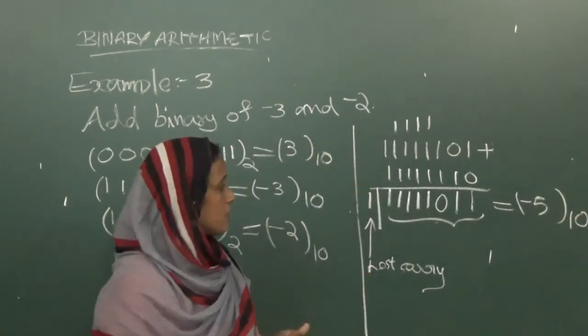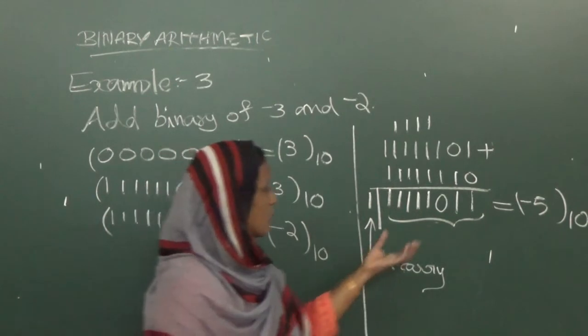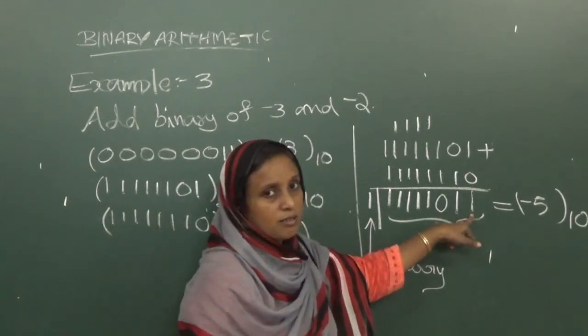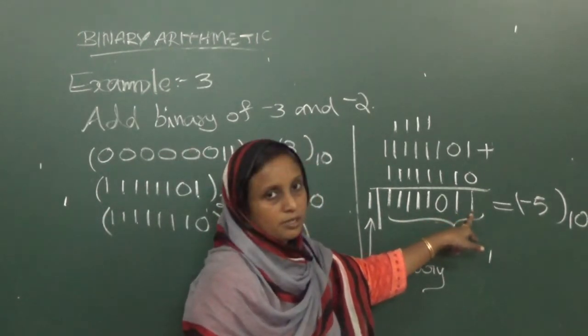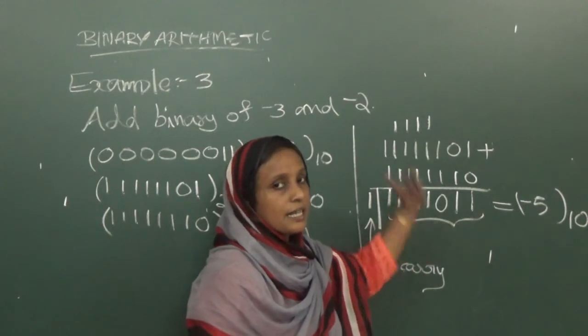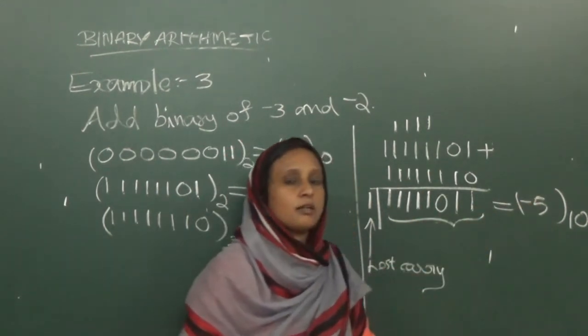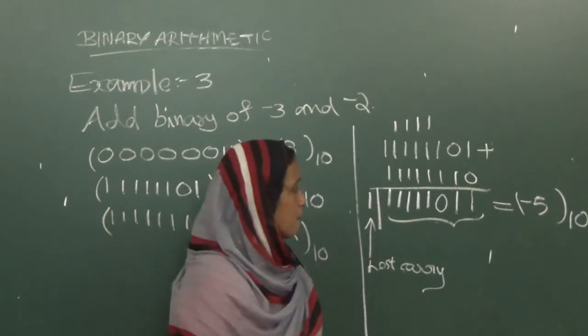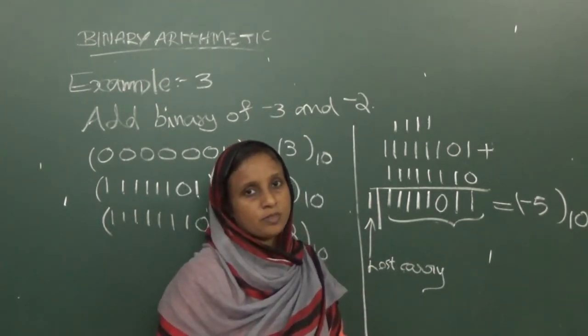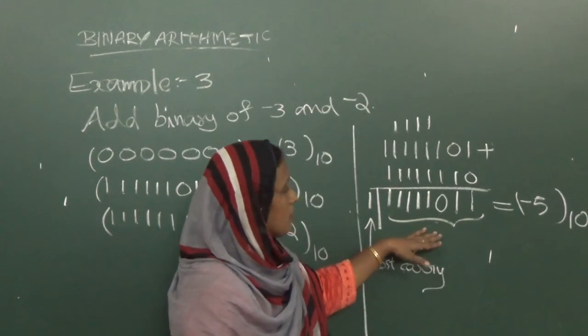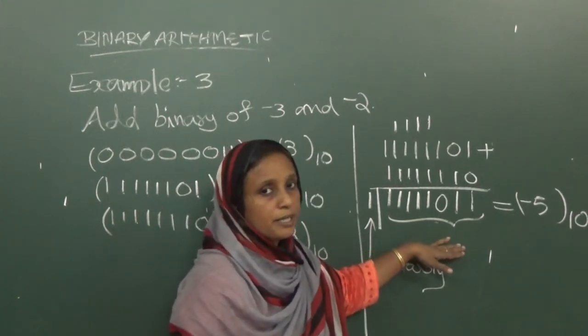How to confirm this? To confirm this, you have to subtract 1 from here first. Then take its 1's complement. Then you get here the minus 5 equivalent representation. Okay, so this is the minus 5 in binary form.